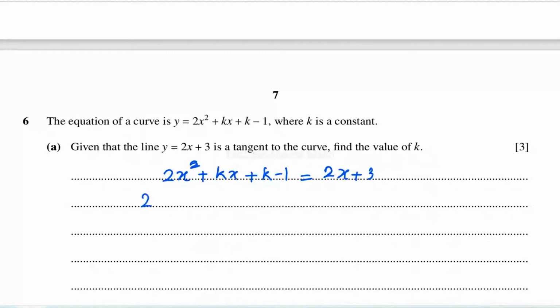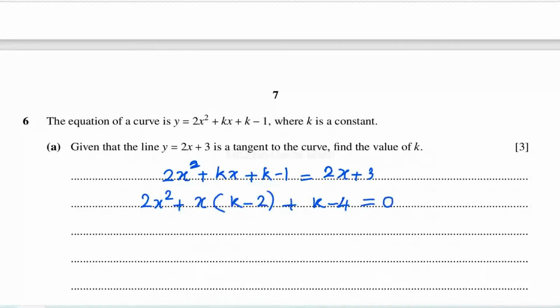2x square plus x multiplied by k minus 2 plus k minus 1 minus 3, that is k minus 4, equal to 0.